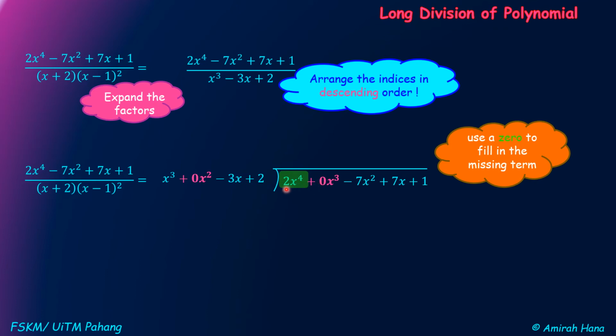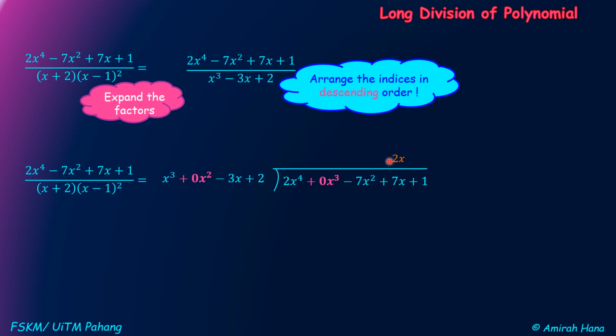After that, we divide the first term inside the division symbol, 2x to the power of 4, by the first term outside, x cubed. Then we get 2x.